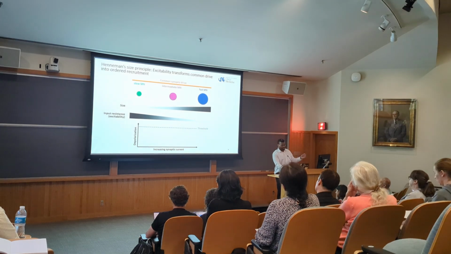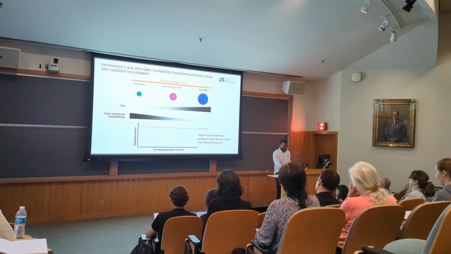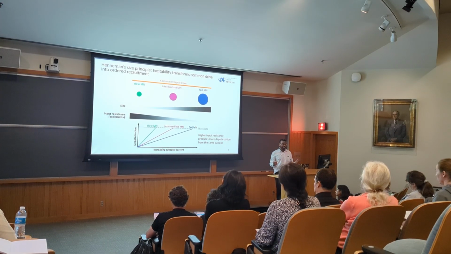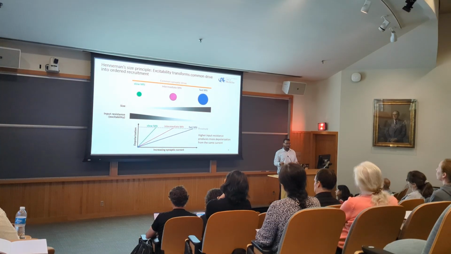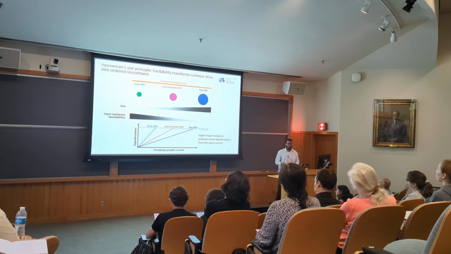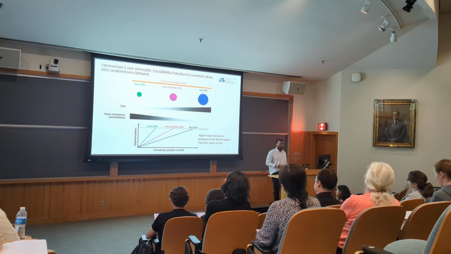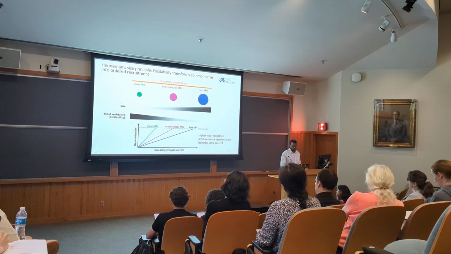As drive increases, slow motor neurons reach their threshold first, then intermediate neurons, then fast motor neurons. This provides an elegant explanation for how common input can produce orderly recruitment based on a motor neuron's intrinsic excitability. And importantly, identical input is a simplifying assumption, and it's not demonstrated in every single motor pool.